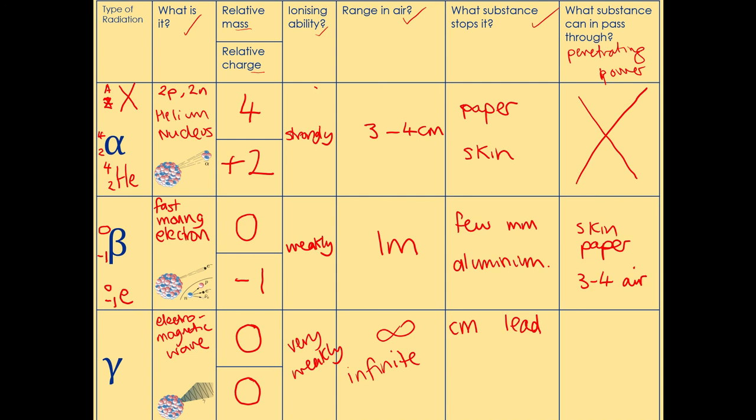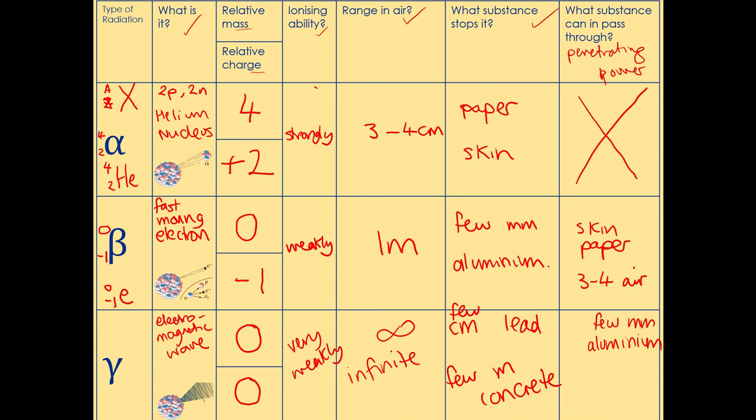Lead is very expensive, and because it's a metal, it's also very, very scarce. So sometimes when we're looking for a cheaper alternative, you can use a few meters of concrete. So those are our two options, a few centimeters of lead or a few meters of concrete. So the things that stop beta do not stop gamma. So this can pass through a few millimeters of aluminium.